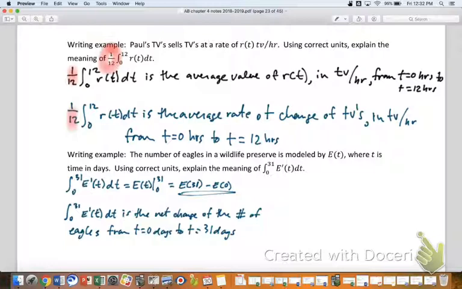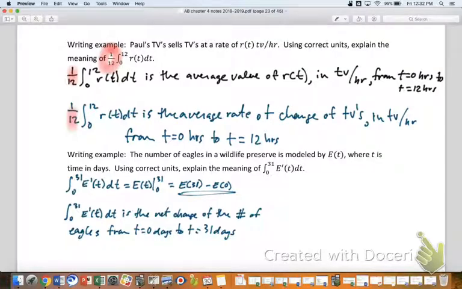In the Eagles question, it says the number of Eagles is modeled by E of T. So you're given two different categories of function. Whoever wrote the question, I guess it was me probably, classified R of T as a rate. E was classified as an amount, therefore E prime would be the rate of that amount, the rate of change. Okay. Other questions? Yes, sir.